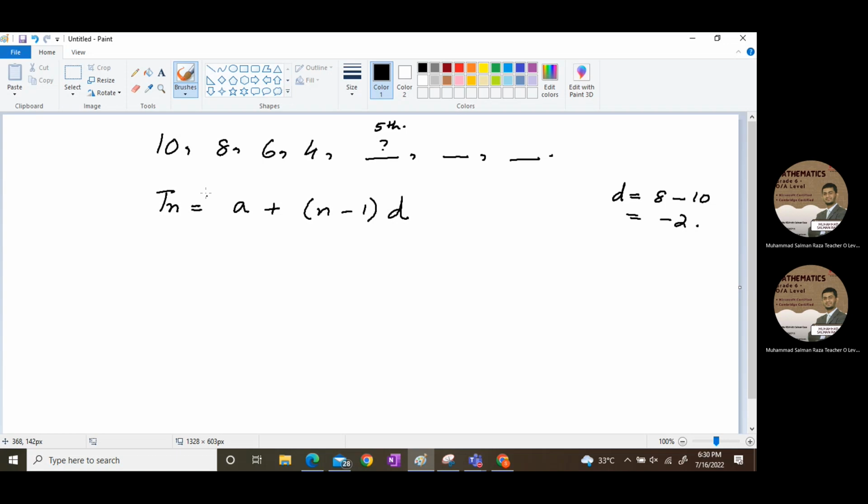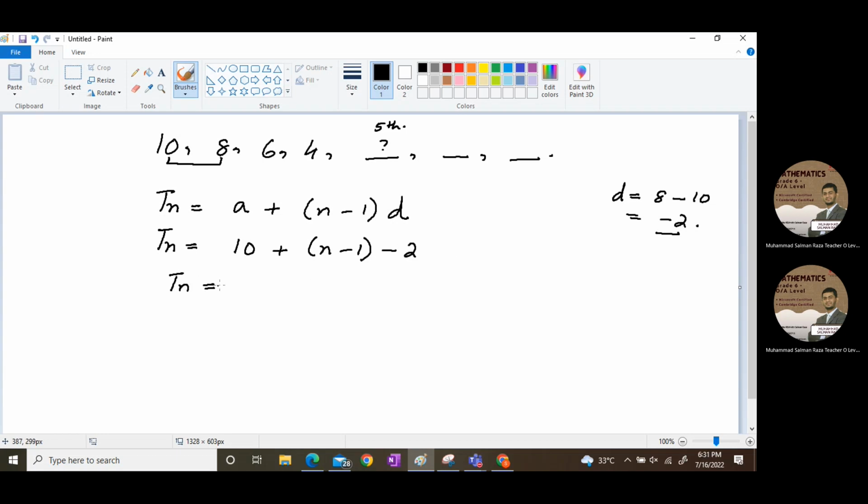Before that, we must see where this formula for the sequence comes from and how it is working. So in order to find this out, first we need to derive a formula. What is the first term? 10. Write it over here. N minus 1. And d. D is minus 2, so you need to write a minus 2 here.